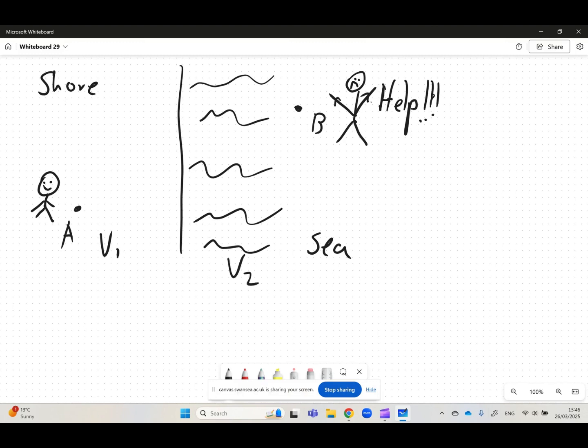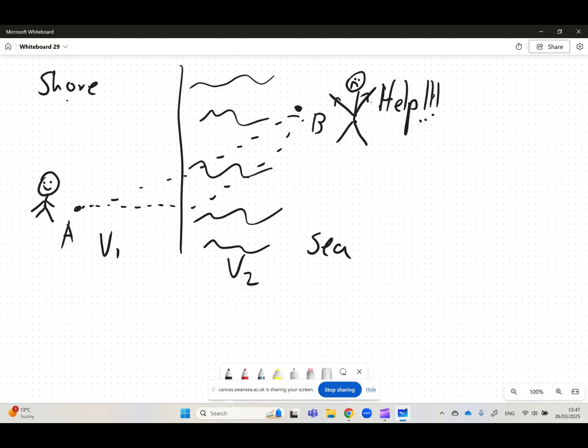So the lifeguard has to find the best point to break. It doesn't make sense that he will choose this path or even the shortest path. He wants to run some time and to swim some time. Obviously, to swim less time than run because he runs faster. Let's say v1 is larger than v2.